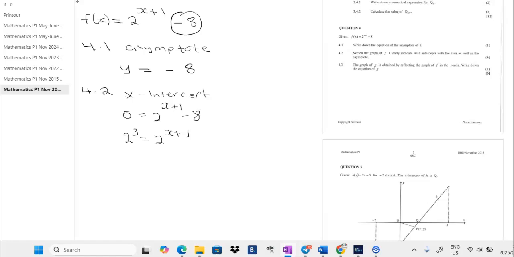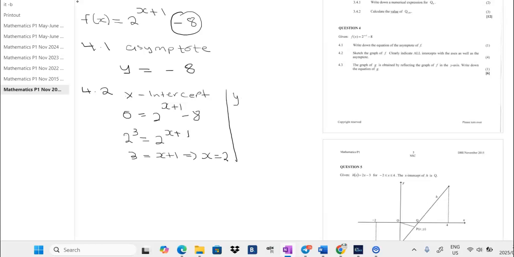Then we're going to have 3 is equal to x plus 1. This gives us x is equal to 3 minus 1, which is 2. We found the x-intercept.